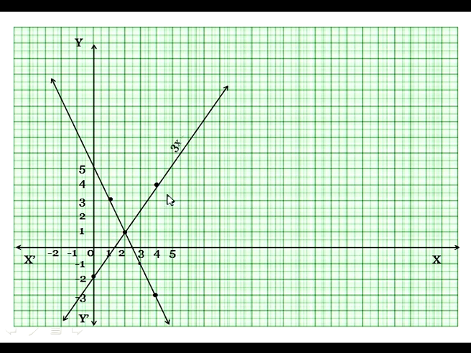We observe that the two lines 3x minus 2y is equal to 4 and 2x plus y is equal to 5 are intersecting at one point, 2, 1. So, this is our solution for the given pair of linear equations. So, this is the only unique solution possible.